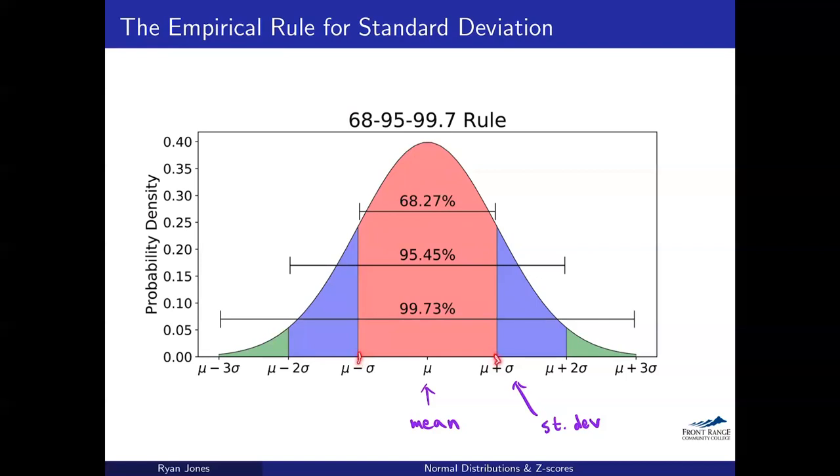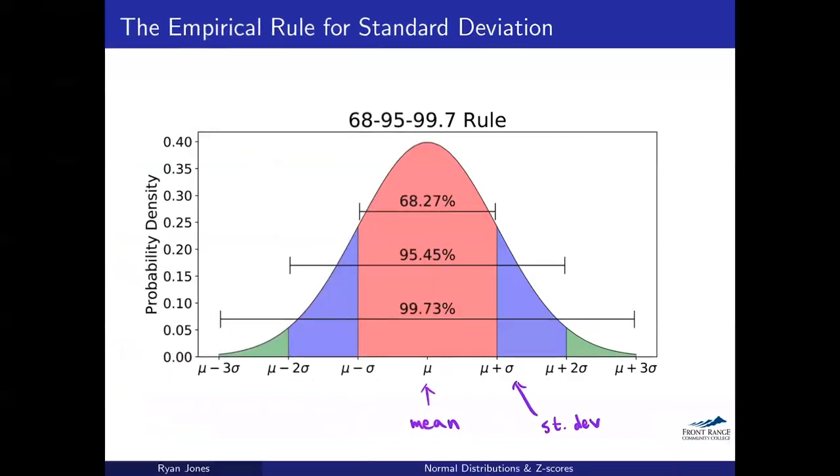Basically, let's say you have an exam where the average is 70, and we calculate the standard deviation just like we know how to, and we get a standard deviation of 10. Let's go ahead and write this up.